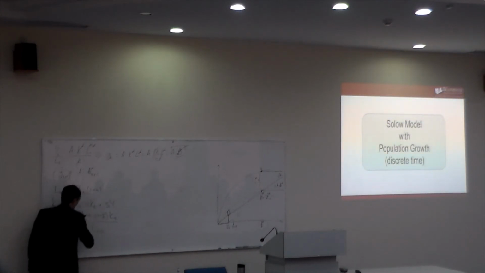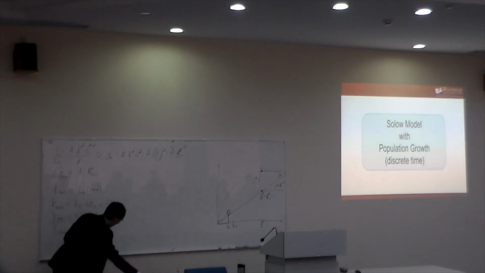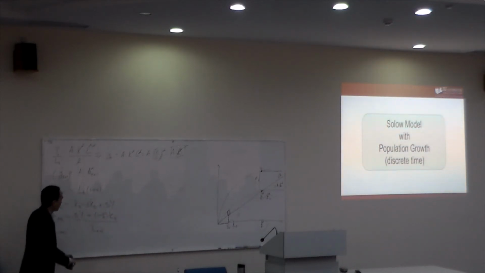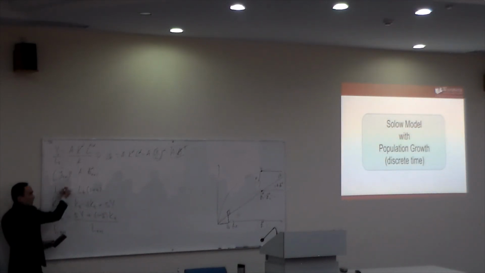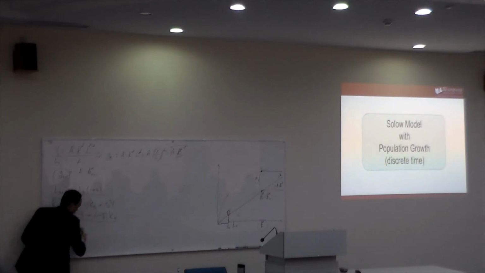Is L_{t+1} something we are able to divide to turn it into per capita? No, right? But we know that L_{t+1} is equal to this. So now we can easily plug it right in here, which will give you labor L_t times (1 plus n).